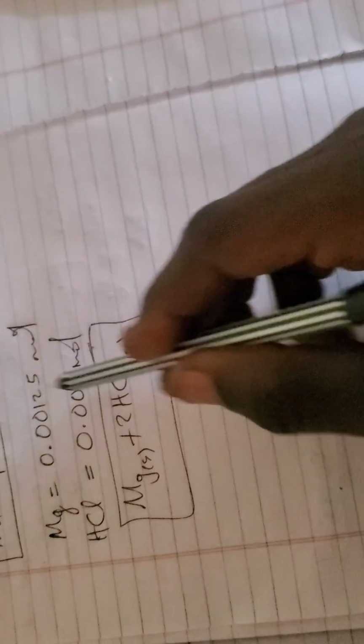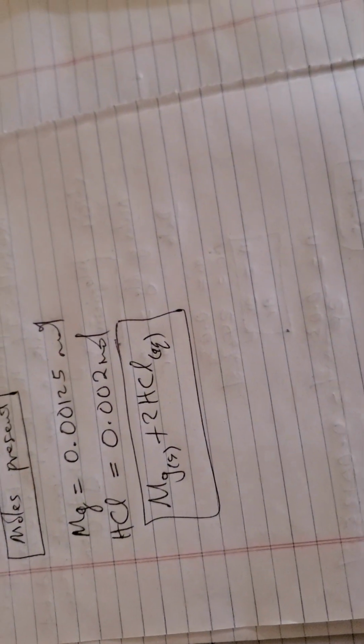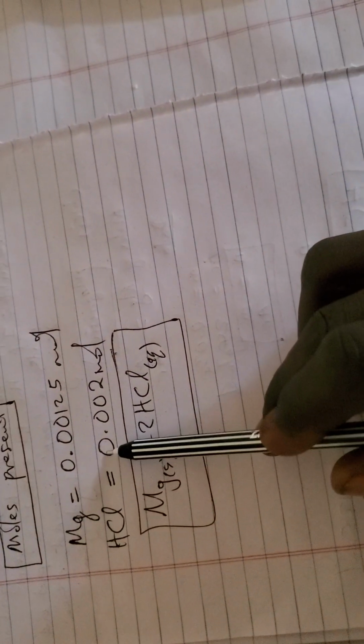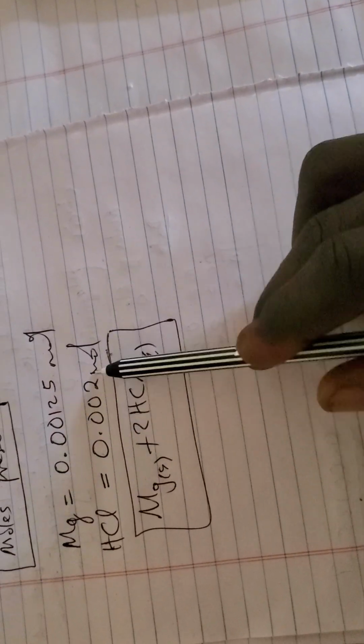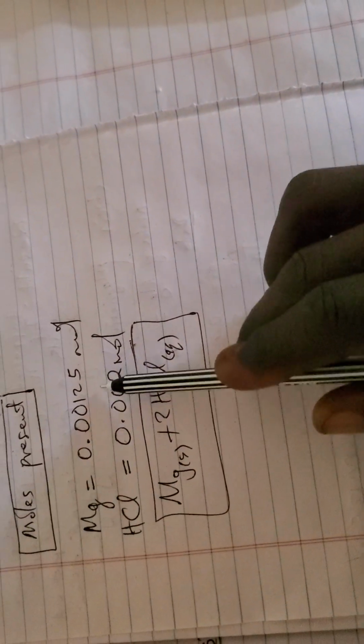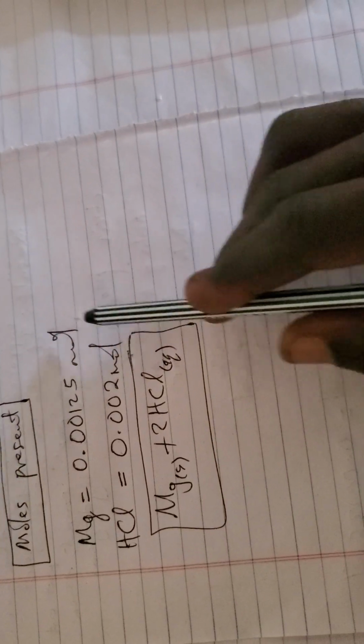We have the moles for the two. We can see that magnesium is having less, and hydrochloric acid is having more, but that's not a problem. We can't determine the excess from there. No, we can't. We need to determine it from the equation.